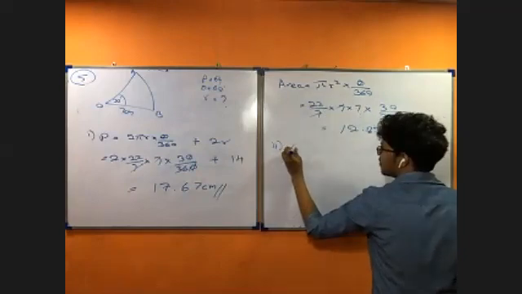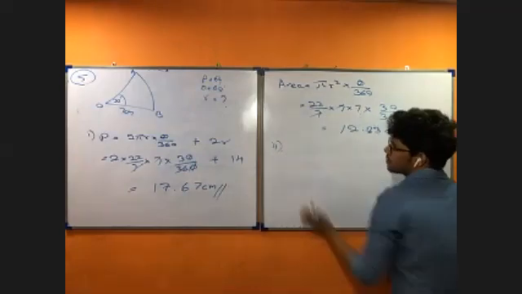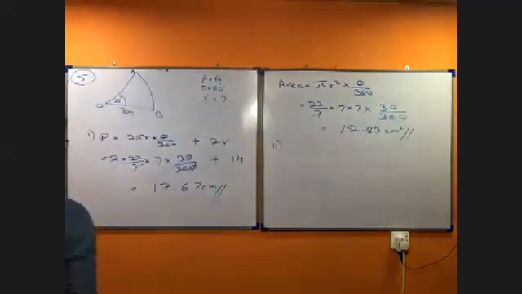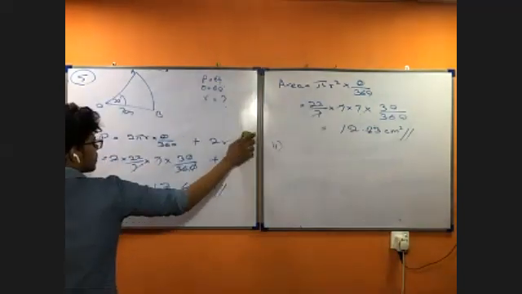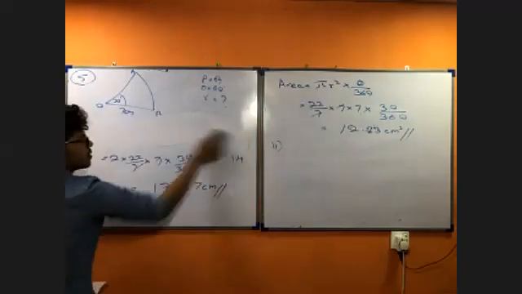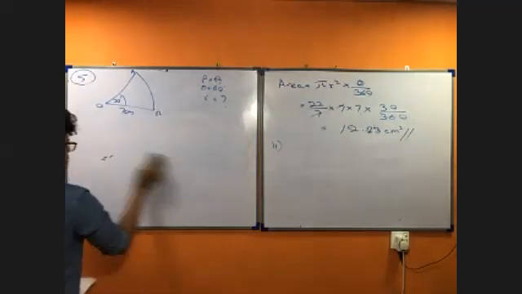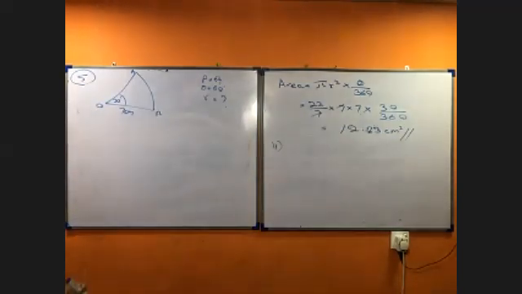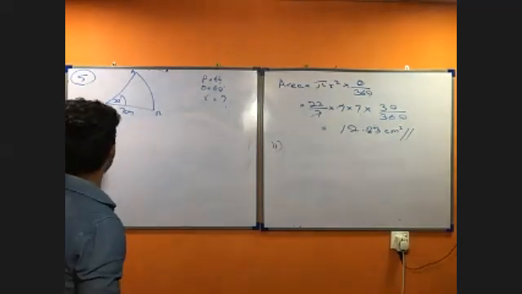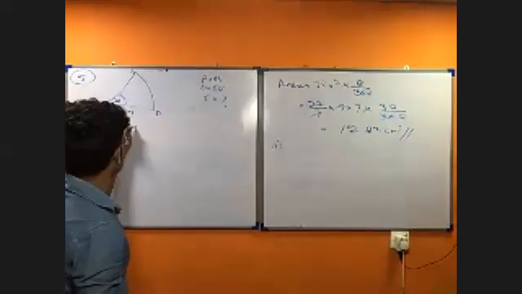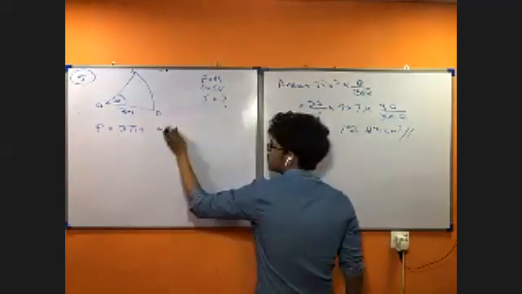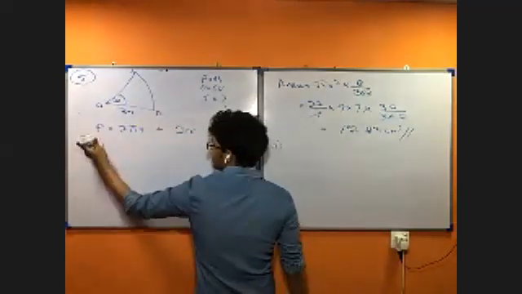64. So let me write the formula. So perimeter is going to be 64, right? So I know P is equal to 2 pi r plus 2r. So it is going to give me perimeter is 64.